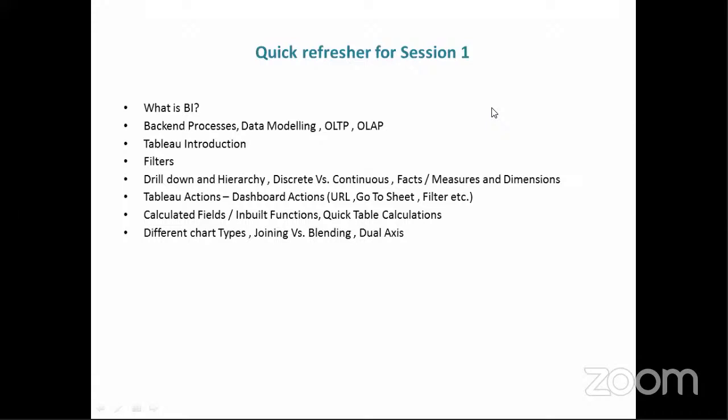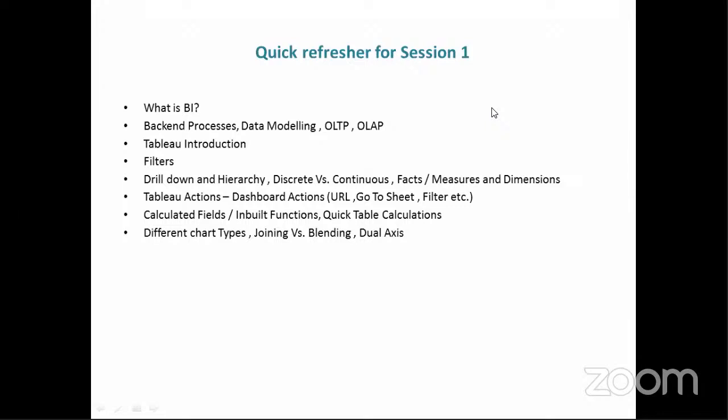Then we have seen what is discrete, what is continuous, what are facts or measures and dimensions. Then how it is represented: blue pills are nothing but the dimensions, and green pills are nothing but the measures or facts, the numerical, number crunching part. And we need to play with these numbers according to the different dimensions provided to it.